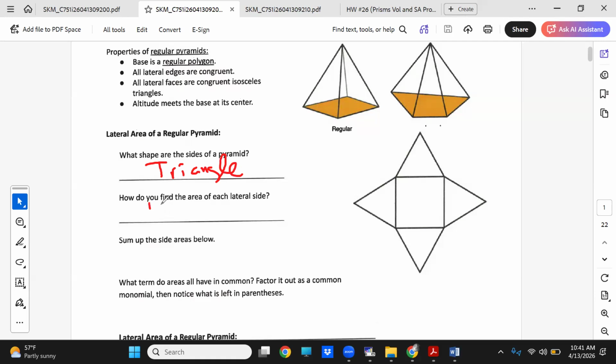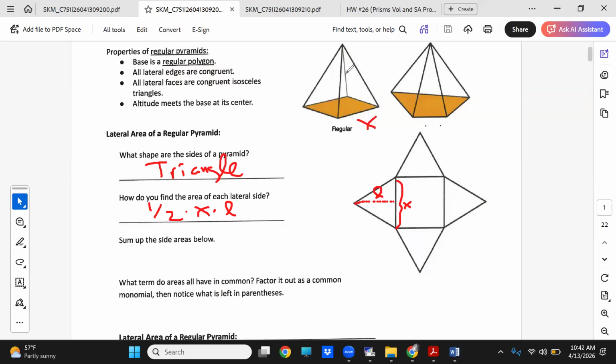One-half times base times height. Or to be more proper, I'll call the side X, the side of the square base, and L will be the slant height.